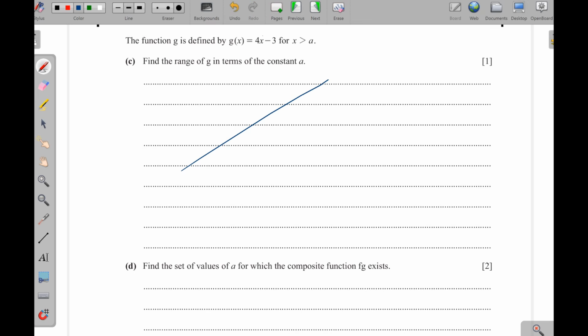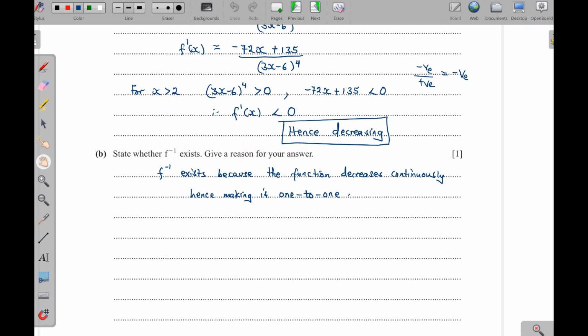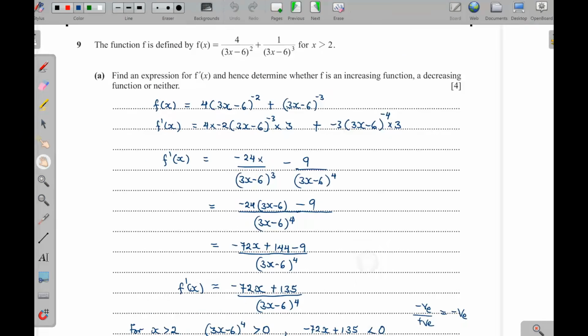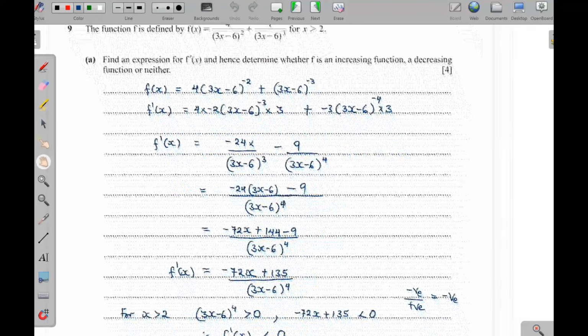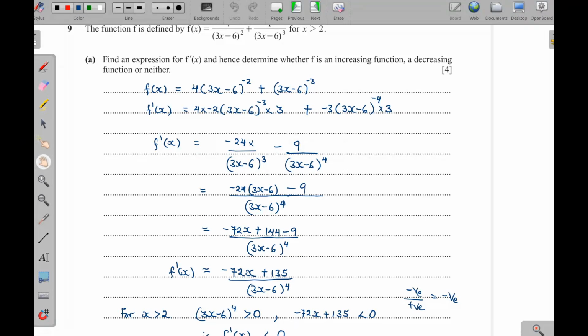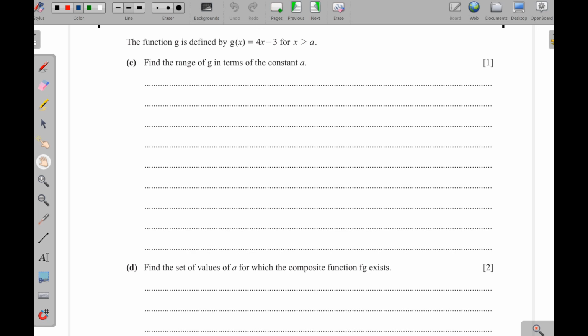So if you put 2 here, for x equal to 2, because a is 2, I think. Isn't it the same? Don't they share the same? Okay. Did they give us a? No. They said for x greater than a.